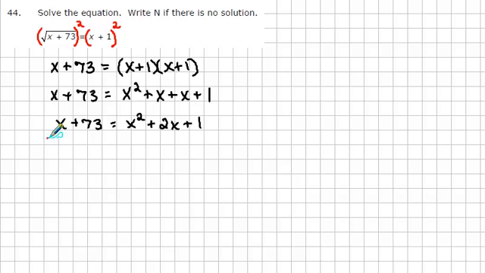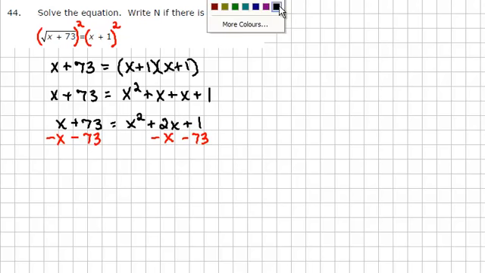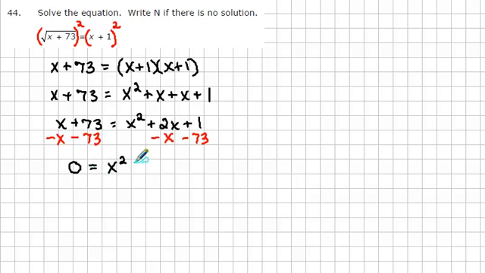So let's go ahead and take away x from both sides, and also take away 73 from both sides. That way we obtain 0 on the left-hand side, and on the right-hand side we have x squared plus x minus 72.